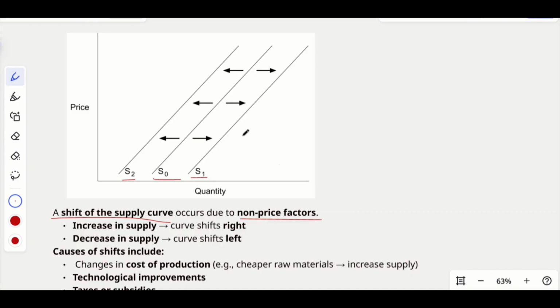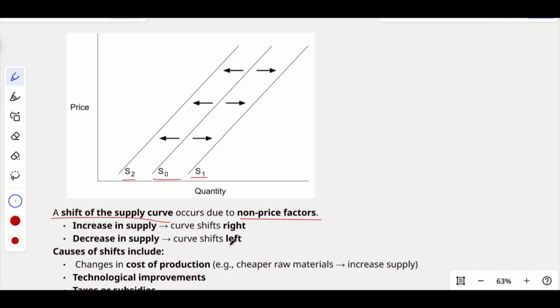Other than the price, we have the cost of factors of production, for example, the raw materials price increases or the wages of workers increase. And if there is any change in technology, it can either increase or decrease the production. If we have a better technology, we can increase the supply without any price change. And if the technology is not advanced, the supply will be reduced. And expectation of future prices, number of firms available. Okay. So these can change the supply. These are the non-price factors.